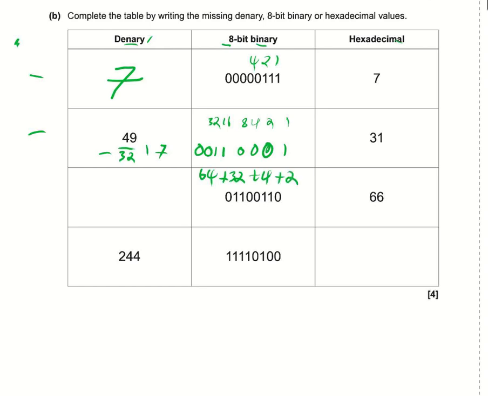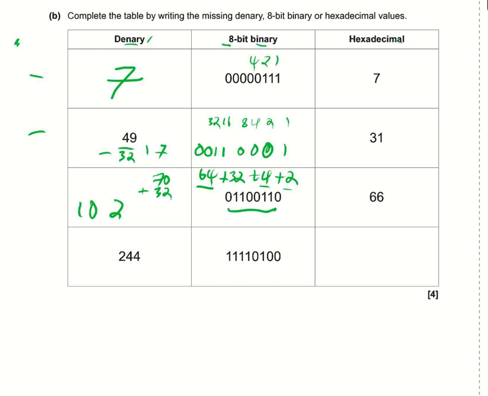So if I just add those together, 64 plus 4 plus 2 would give me 70. And I'll add on the 32 after that, which will give me 102. So all I've done is convert that binary to denary.